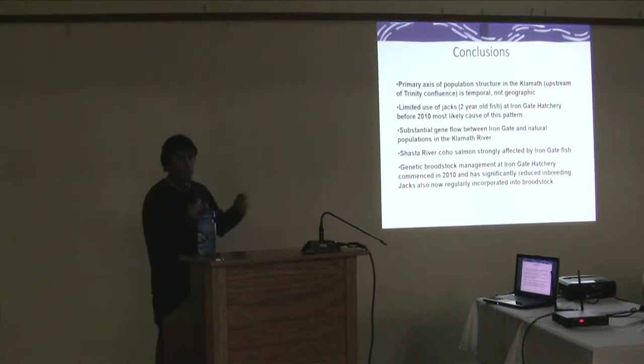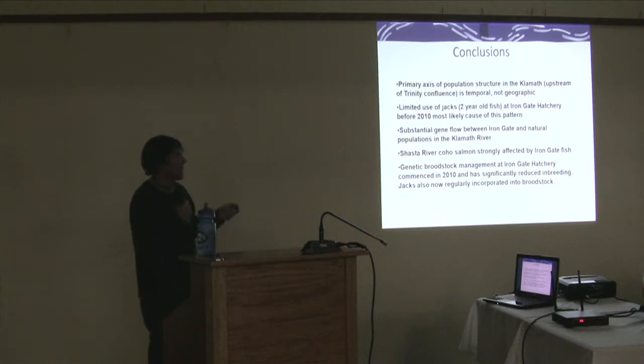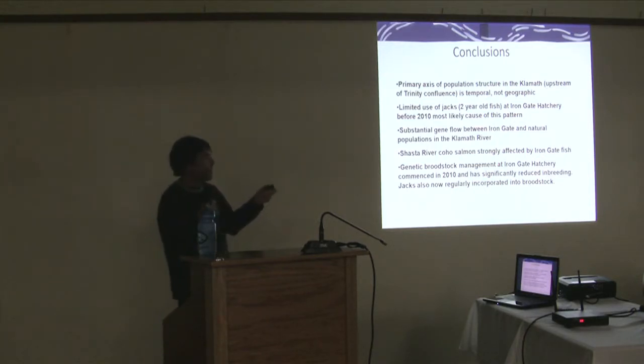Turns out, and I was talking about the pedigree reconstruction project that we're doing, that there were some jacks that slipped through, not a whole lot, but some, and we can tell that through the genetic tagging pedigree reconstruction program. So they were probably, in their perception, doing what was part of their operational plan, doing their best to not spawn 2-year-old fish.